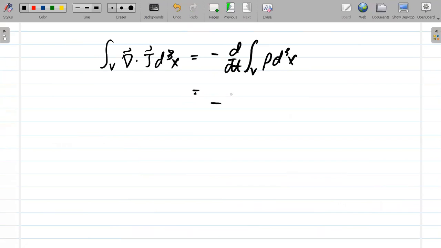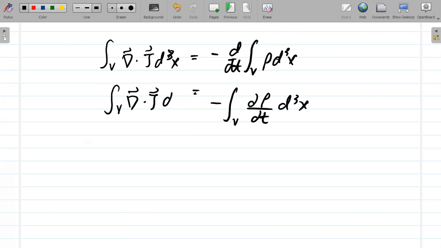So bale, negative integral, pwede nating ipasok yung derivative sa loob, kasi d dt naman to, ito d cube x. So pwede natin ipasok yung derivative sa loob. Now, volume del dot J d cube x. Take note that the volume is arbitrary. Therefore, ito equal dito.